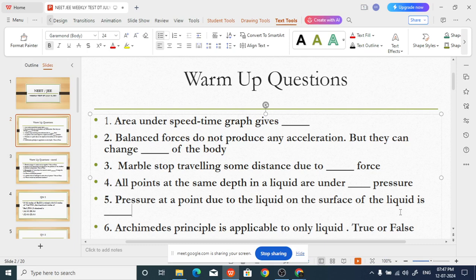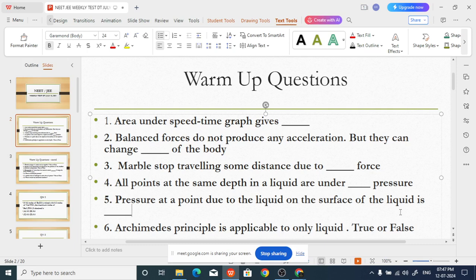What will be the pressure on the top surface of the liquid? The pressure depends on the depth of the water. So on the top surface, what is the height? It is zero, isn't it? So pressure at the surface of the liquid is zero. That is the answer. Okay, go to question number 6.